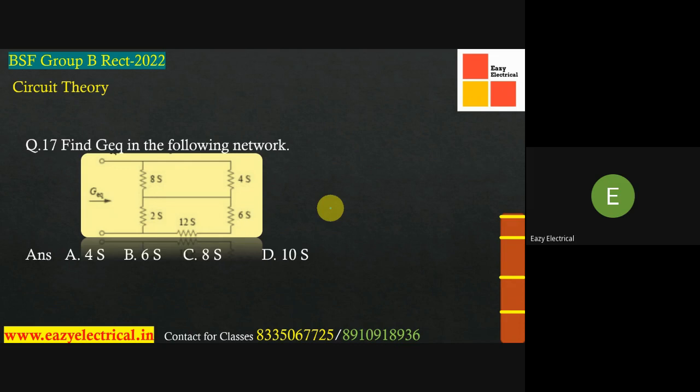You have to be very much careful. The simple step here is, first of all, convert everything to resistance, then convert them to equivalent resistance, then convert that equivalent resistance to equivalent conductance. That is the basic way you can do very easily.